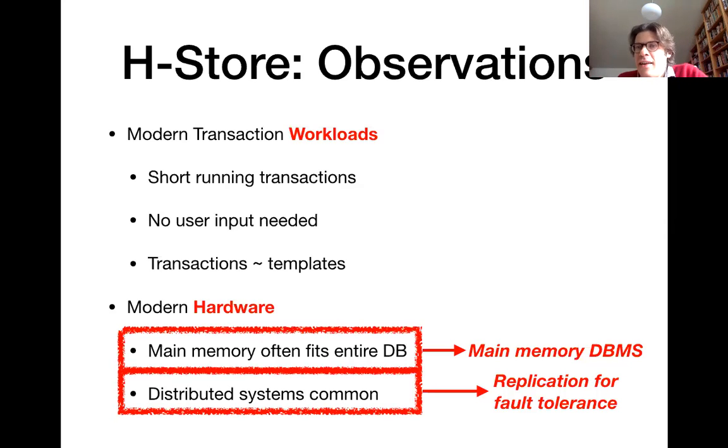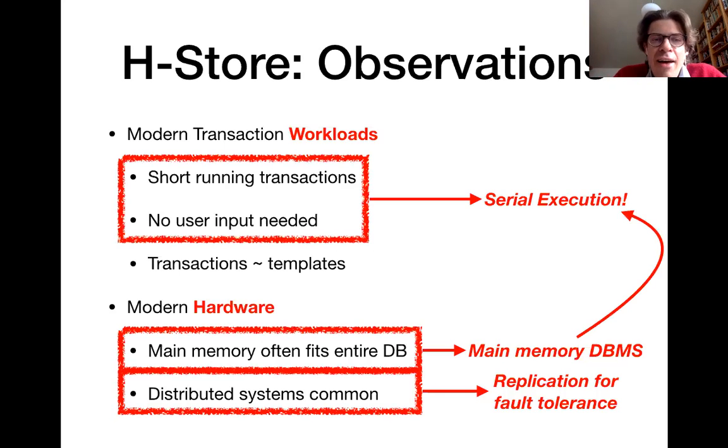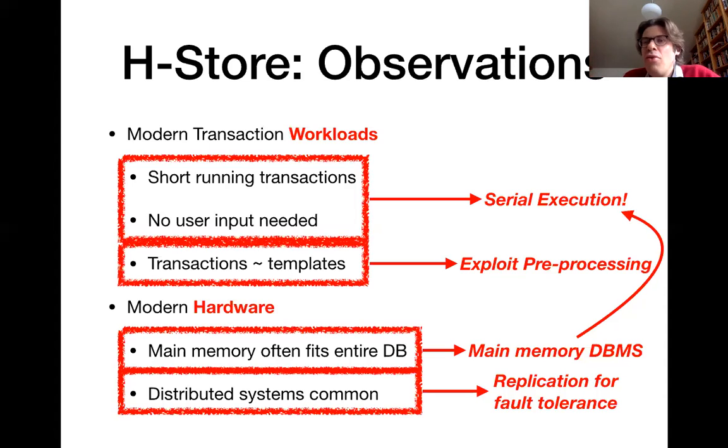We're going to see in more detail how precisely we are going to do that. We have short-running transactions without disk stores, so why not just execute them serially? We don't need any concurrency control like the ones that we have seen anymore, and it simplifies things a lot. And because we know a little bit about which transactions will come in at runtime, we can exploit that in order to do pre-processing, which makes runtime processing much more efficient.